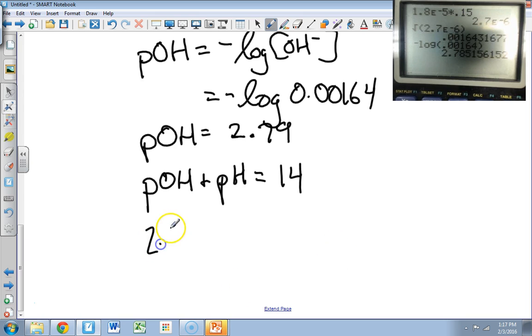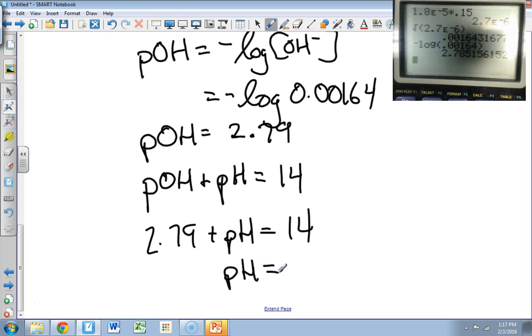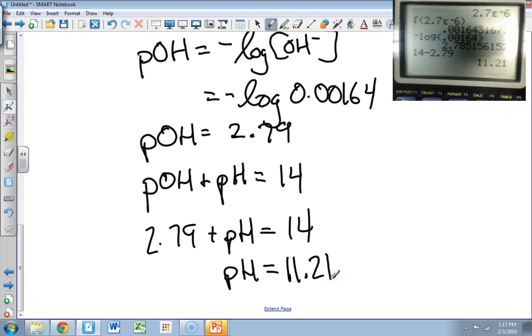So you have 2.79 plus pH equals 14, and you subtract. So the pH equals, and I guess I'll even use my calculator for this, although I don't have to, 14 minus 2.79. And so that equals 11.21. Okay, so that's your pH.